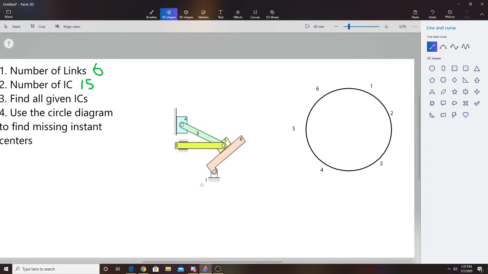That's your first hint. The ground is link 1, so this is a sliding contact. It is a prismatic pair, so that means what? Plus or minus infinity, correct.